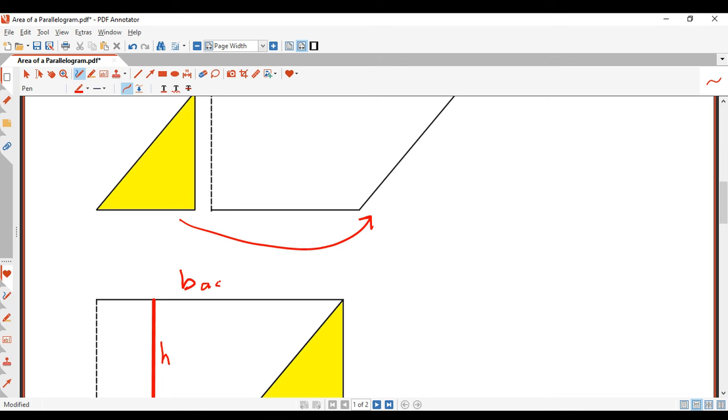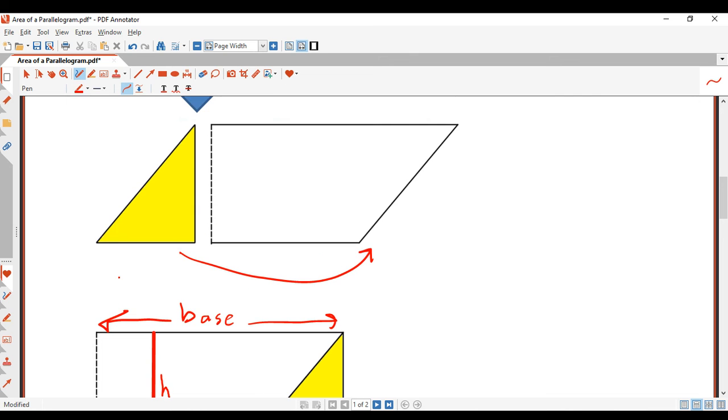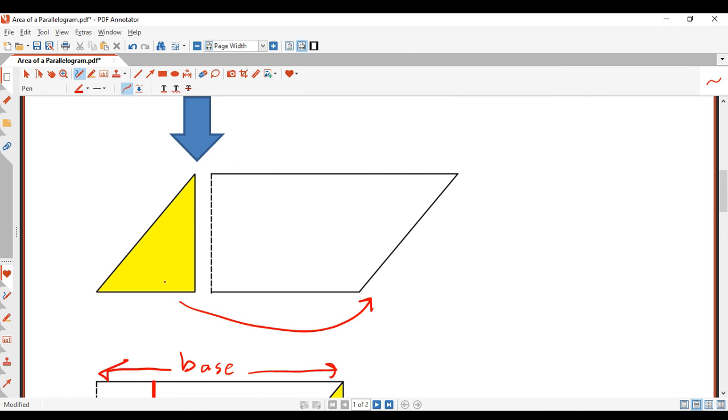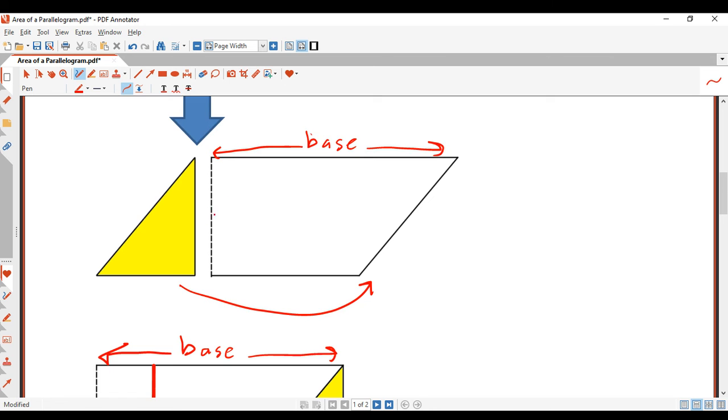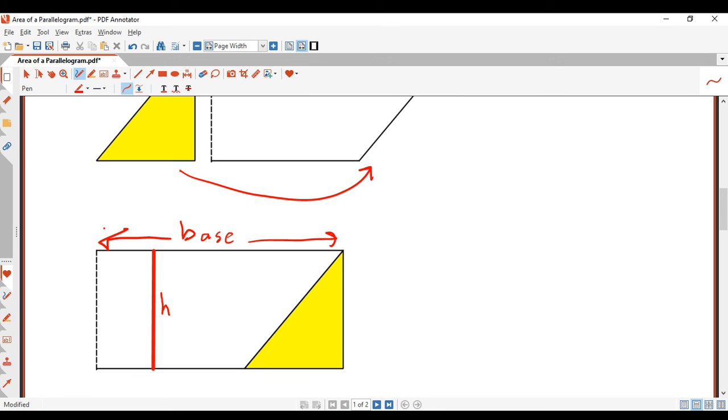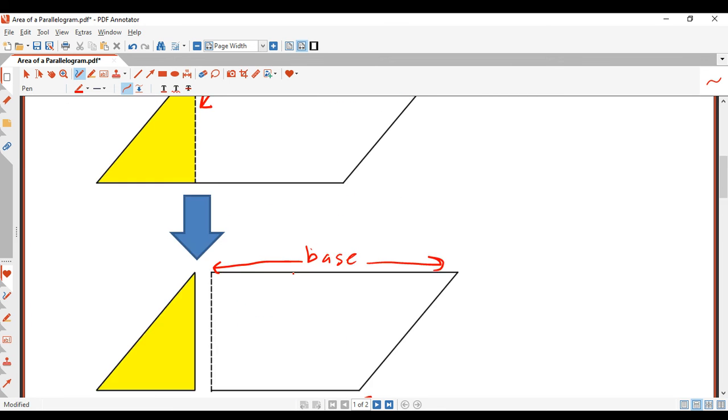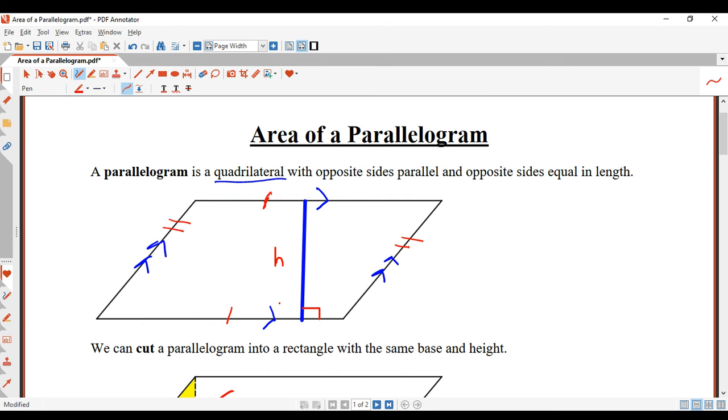If you go back to our parallelogram, that base length is this length here, all the way to there. So we've got a rectangle which has the same base and height as the starting parallelogram.